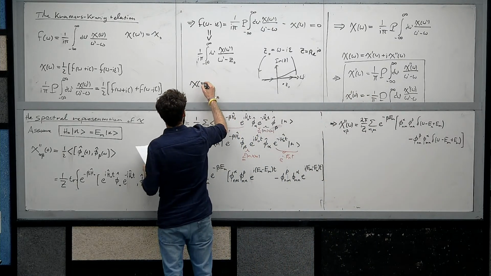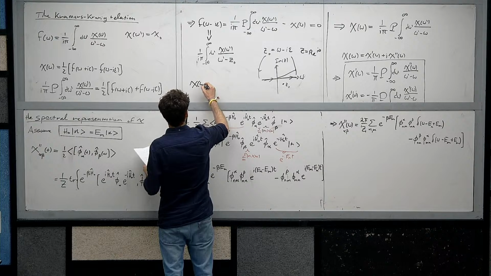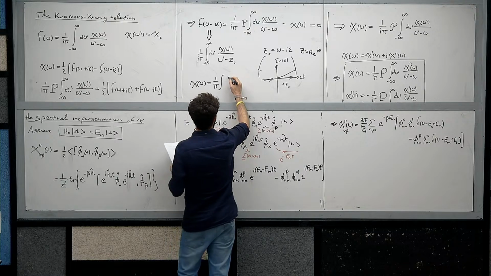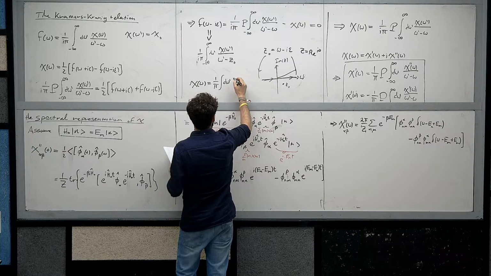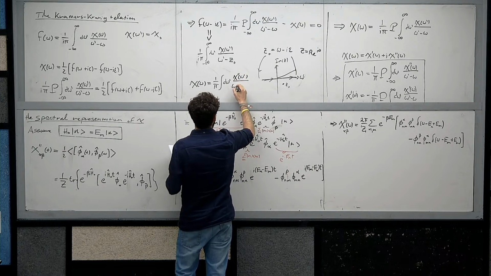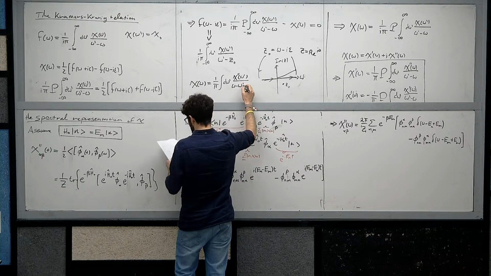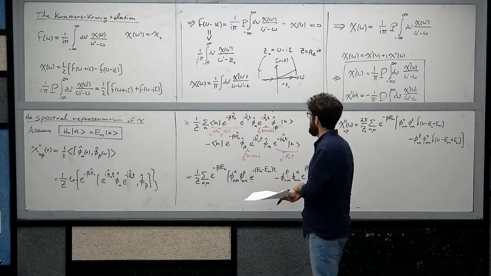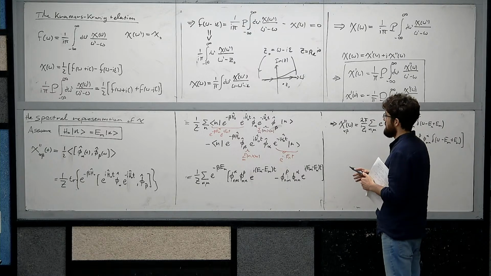We said that chi of omega is equal to 1 over pi, the integral d omega prime of chi double prime of omega prime divided by omega minus omega prime minus i epsilon or something. I hope I got the signs right.